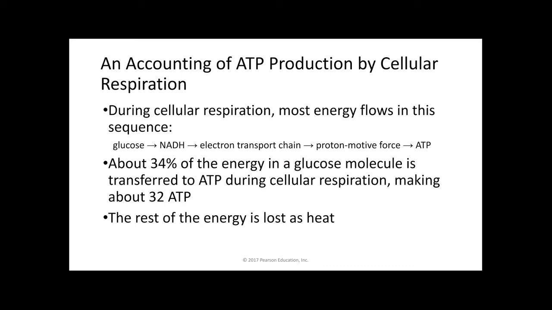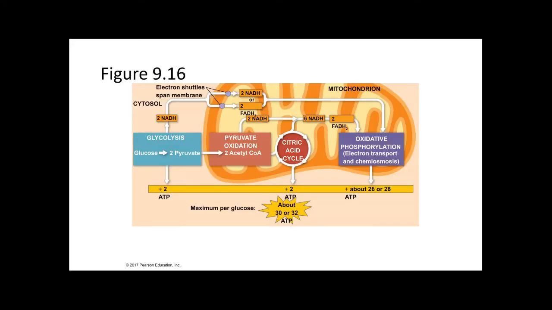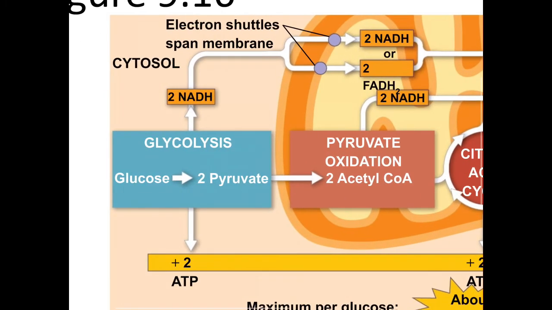All of the other energy that is being made from these cycles is actually just lost as heat, and that can't be used for anything. It just goes into the surroundings.